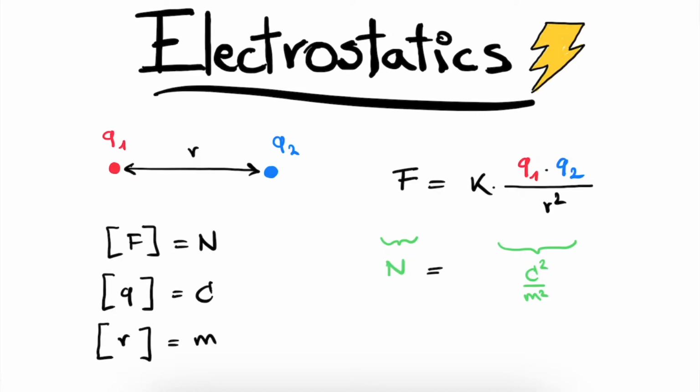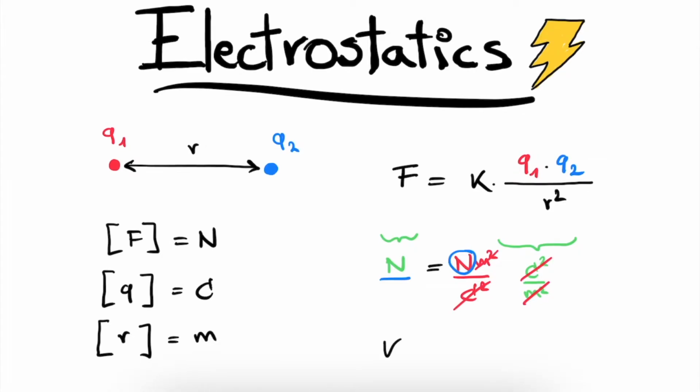Therefore we need this k to take care of converting the units. Thus k needs to have the units of Newton meter squared divided by Coulomb squared. And more specifically, k is equal to 8.99 times 10 to the power of 9 Newton meter squared divided by Coulomb squared. More details about the theory of electrostatics I will leave for a future video.